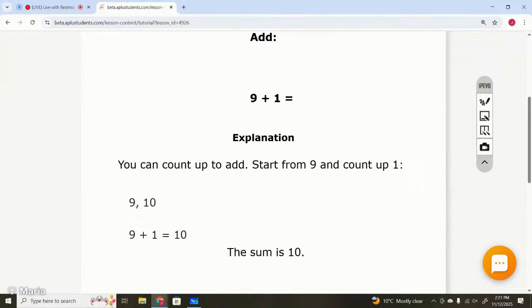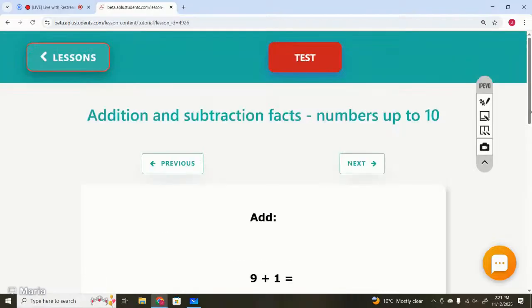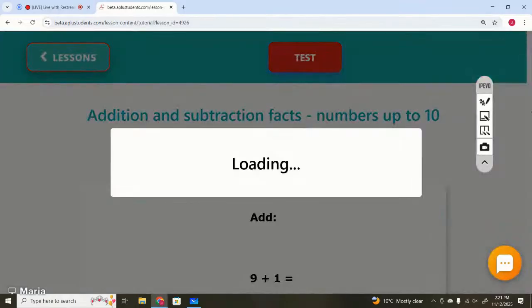So 9 plus 1 equals... You have to start with 9, count up 1. So 9, 10. The correct option is 10. Let's just start with the test questions.